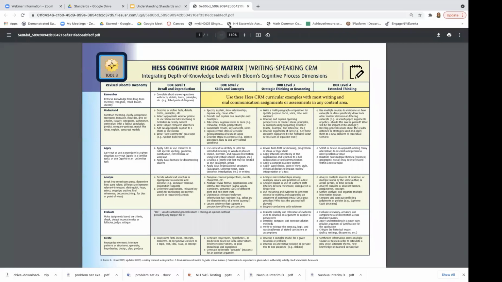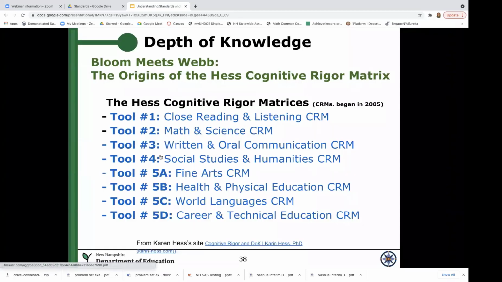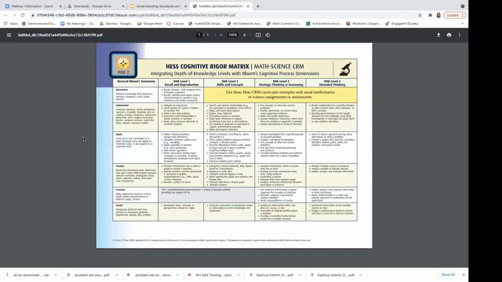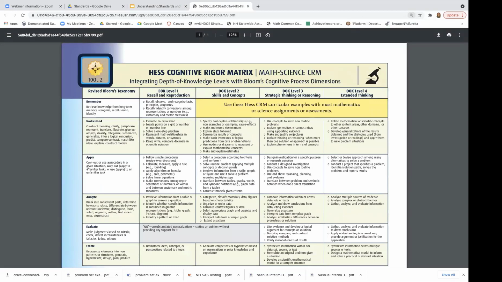Then there are other ones here as well. Like if I go back here, you could look at a math and science one. So you can look here again down the side, you have remember, understand, apply, analyze, evaluate, and create. And then your different depth of knowledge for those particular skills and topics when it comes to math and science.